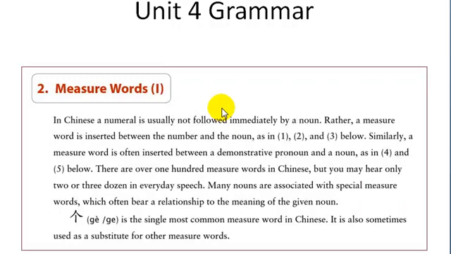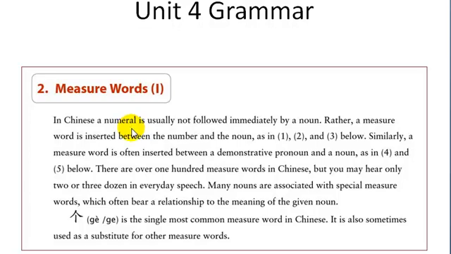Alright, Chinese use what they call measure words, and I think of them as very similar to a and an: a table, an apple, a blackboard, a chair, etc. However, in Chinese, they have different measure words for different nouns that are used quite frequently.